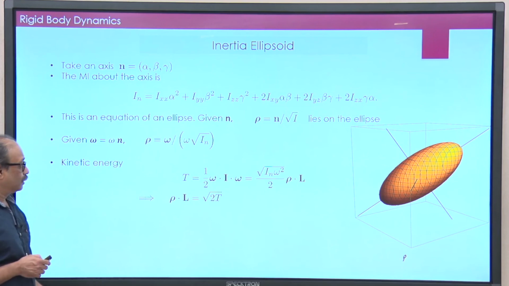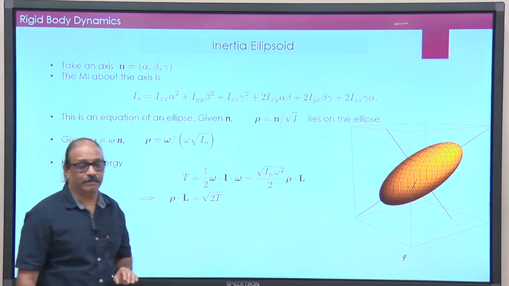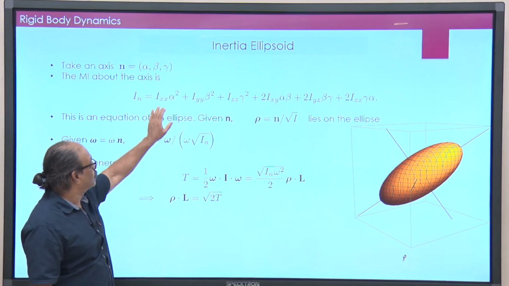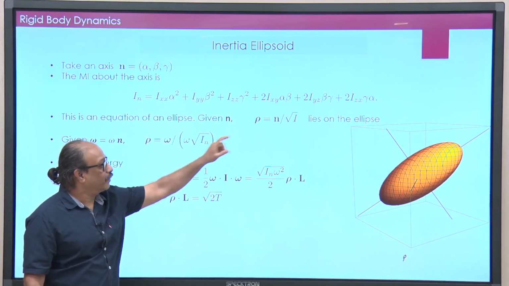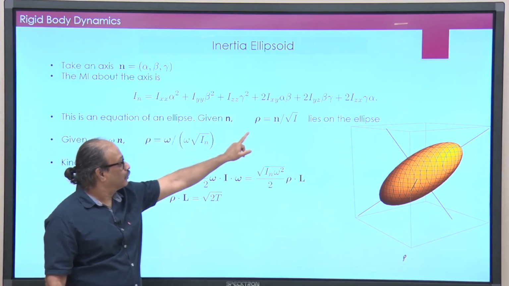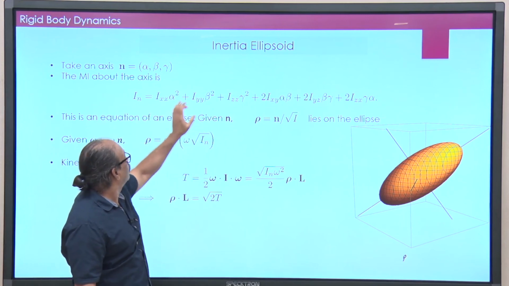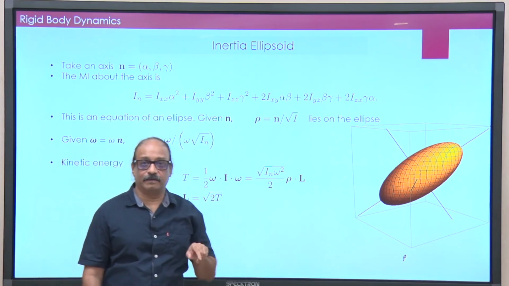Now, look at this expression here. I am treating alpha, beta, gamma, or now of course, I will put rho x, rho y, rho z there. Remember, the first component of rho is the first component of n, which is alpha divided by square root I n.